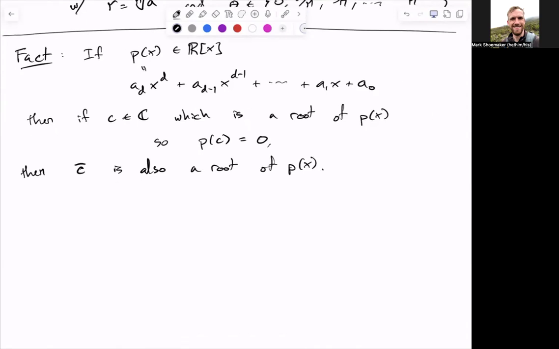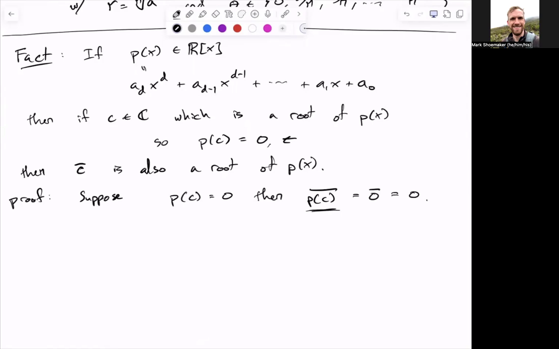And the proof is really nice. So I just write down this equation. Suppose p of c is equal to 0, then I can conjugate both sides, and I get that the conjugate of p of c is equal to the conjugate of 0, but the conjugate of 0 is just 0. But now I want to expand what this actually is.